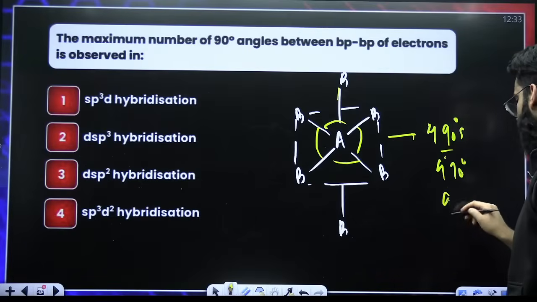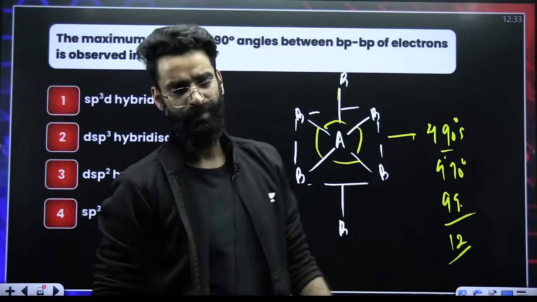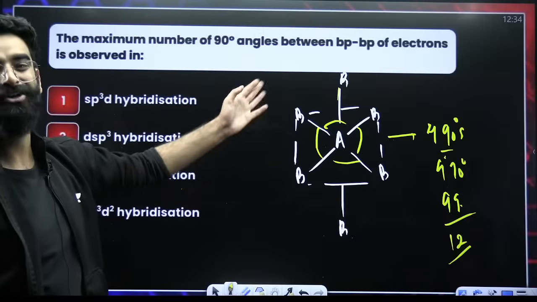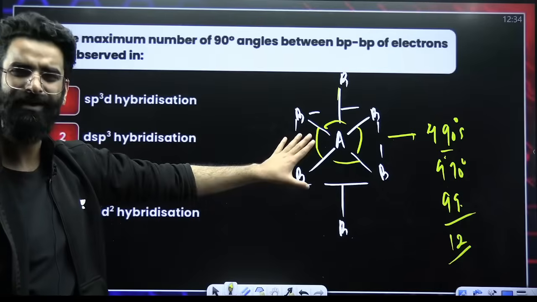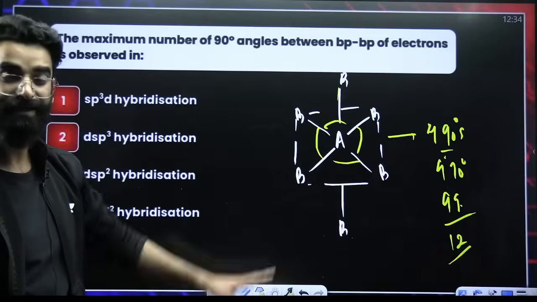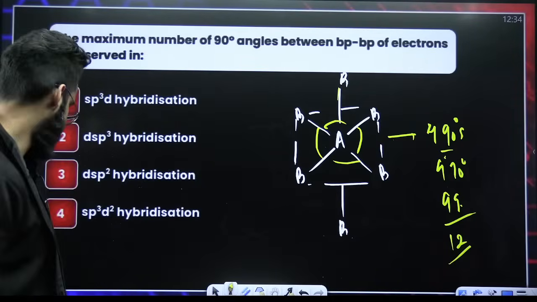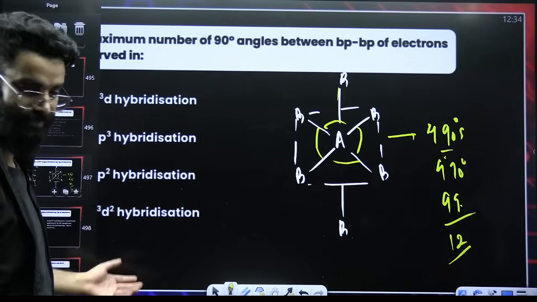This bond is forming 4 90 degrees from bottom. So in total, there are 12 90 degrees, right? They are not asking about axial or equatorial. They're asking about general bond pair, right? It is 12 90 degrees basically. If you remember, yesterday I told you the same thing. We discussed all this in detail yesterday.